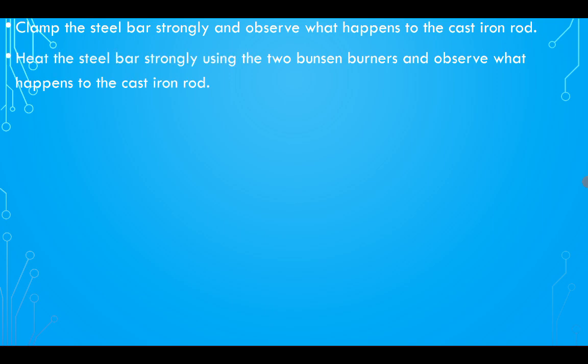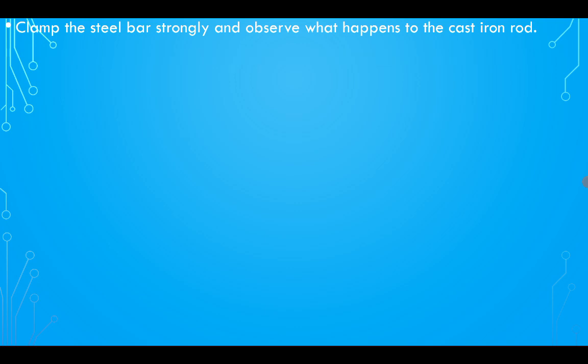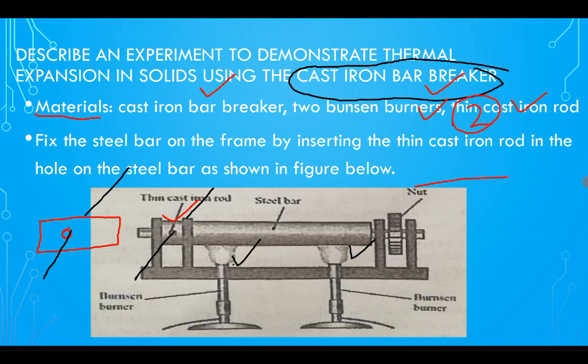Then heat the steel bar strongly using two Bunsen burners and observe what happens to the cast iron rod. I mentioned earlier that when this part is heated, this steel bar is going to expand. That expansion will cause the cast iron rod to be pushed against the frames, so that it is going to break.